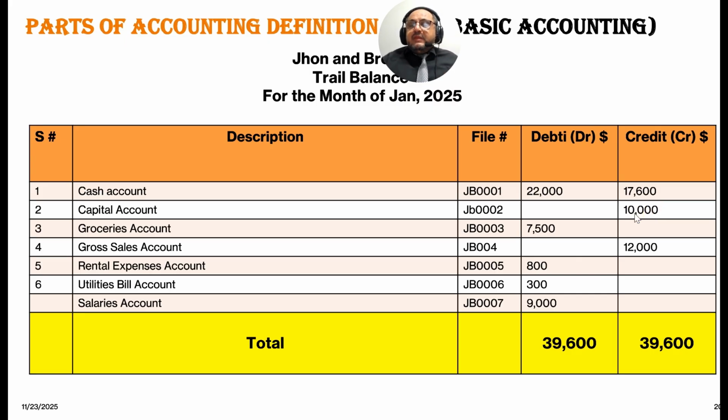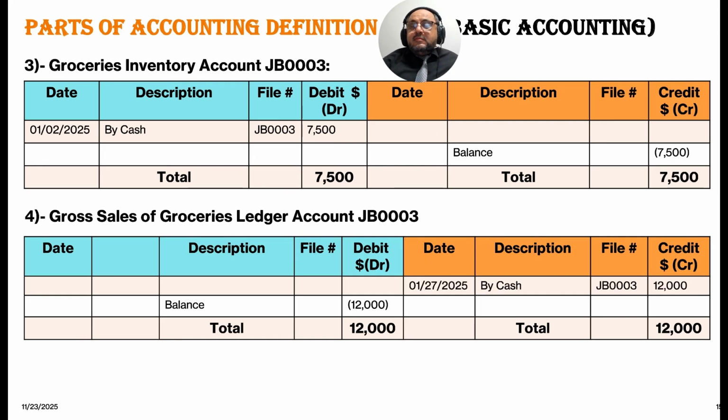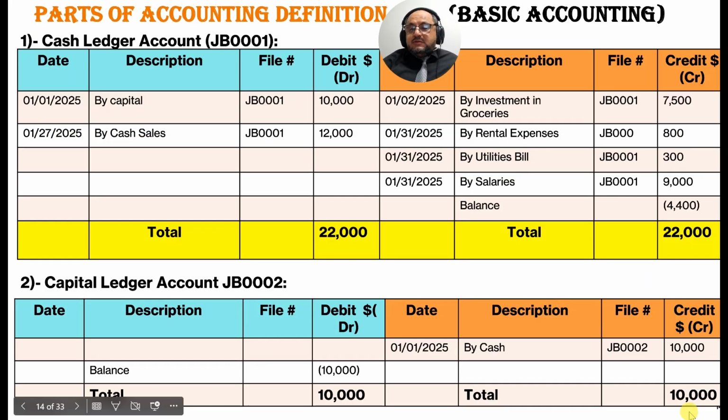Sorry, sweat is on my face, it's a little bit hot, and I apologize for this. So how did I transfer it? See here, I transferred this amount because we have 10,000 here, and here we have 0.